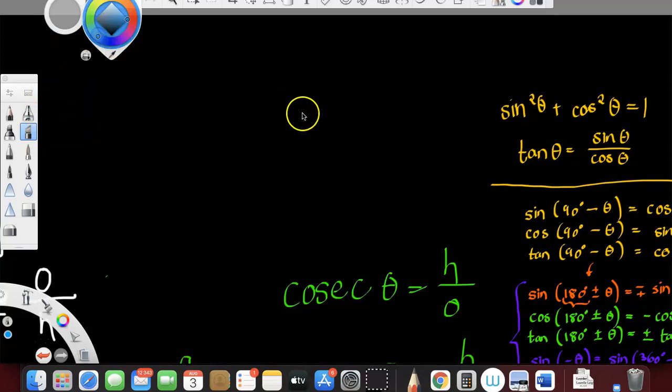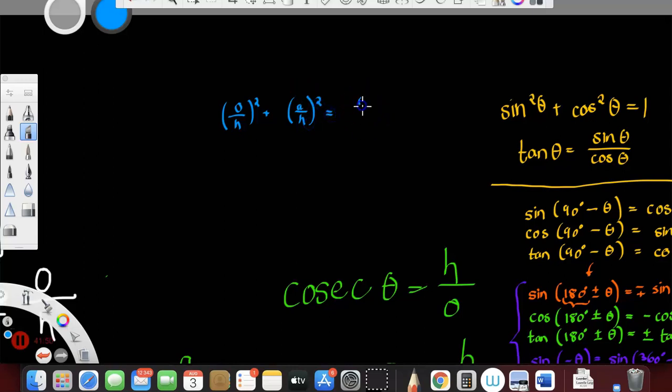It's not difficult. It's just because sine squared is opposite over hypotenuse squared, and cos squared is adjacent over hypotenuse squared. So what you get is opposite squared over hypotenuse squared plus adjacent squared over hypotenuse squared, and then opposite squared plus adjacent squared over hypotenuse squared.